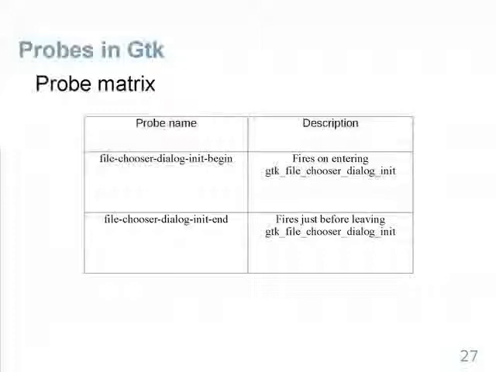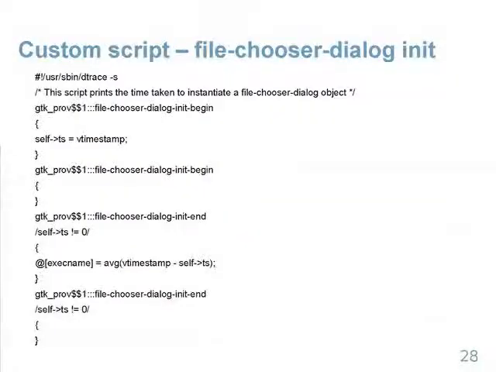So the GNOME performance page, which is not really updated, had this problem saying that the GTK file chooser dialog takes more time than is acceptable. So I just added two probes on the entry and exit of the object initialization to find out what time it takes to initialize the object. You can do various other things, like what time it takes to update the widget and stuff like that. This is just to understand what we can get out of DTrace.